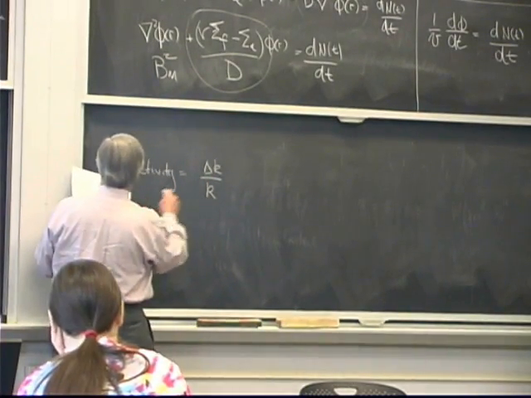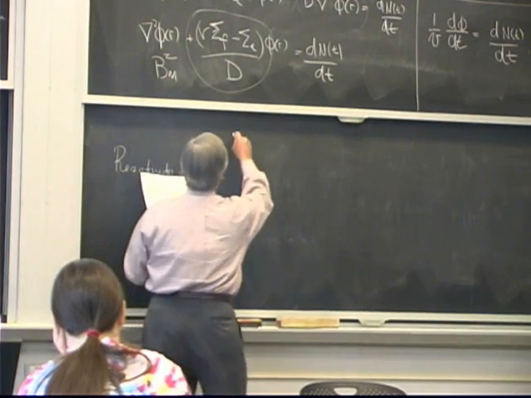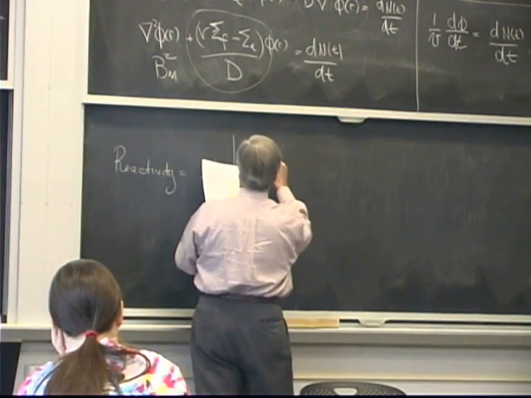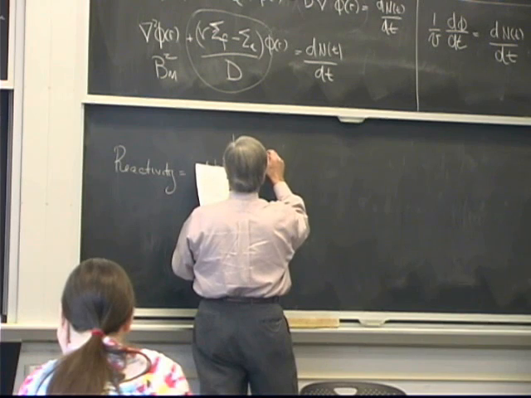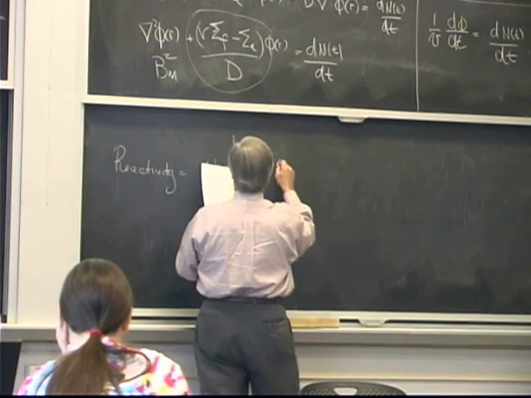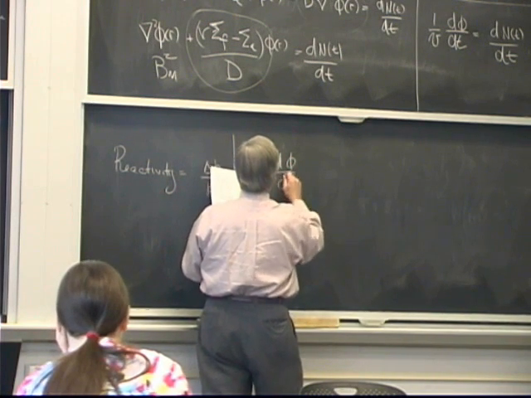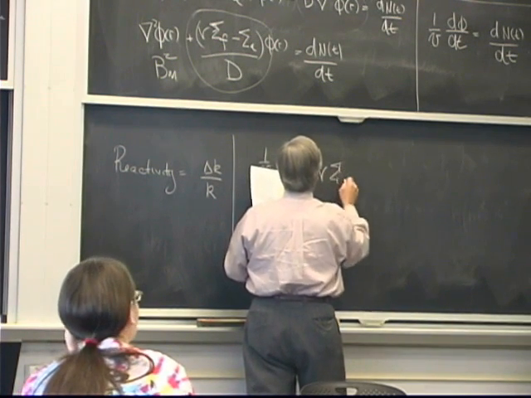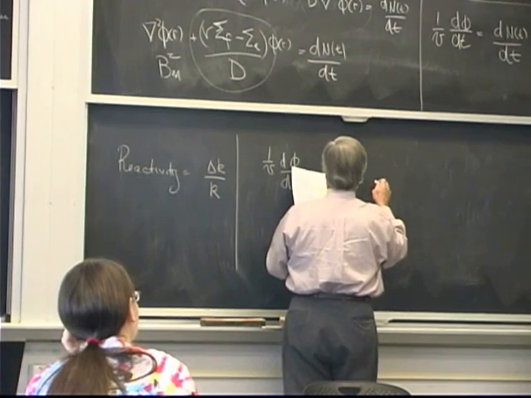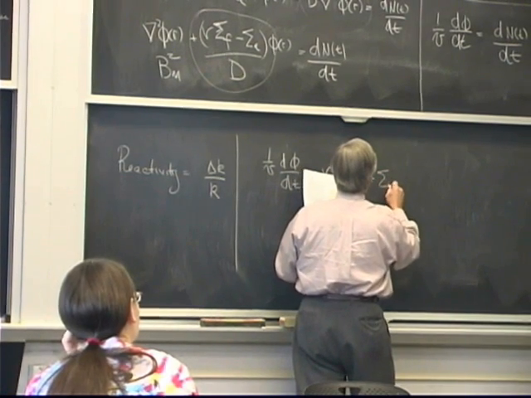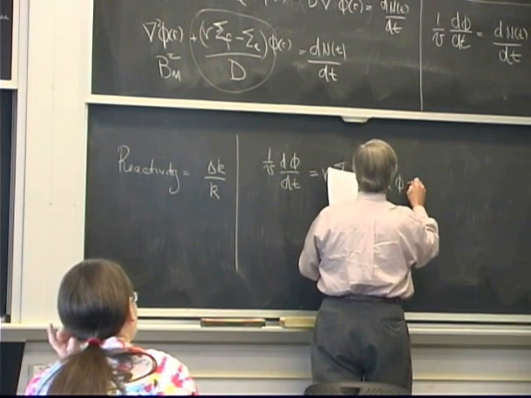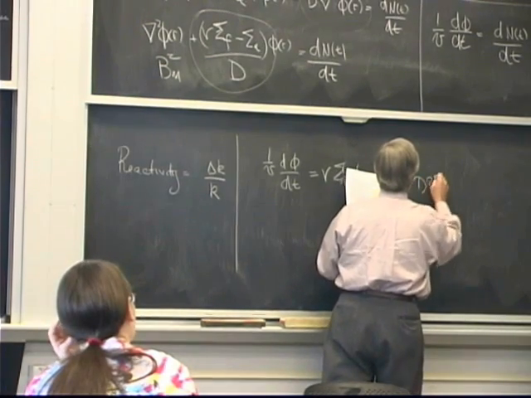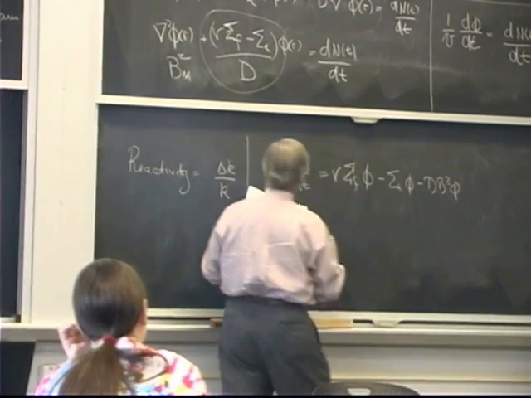Let me just write it up here again so we're on the same page. 1 over V times nu sigma f phi minus sigma a phi minus D B squared phi.